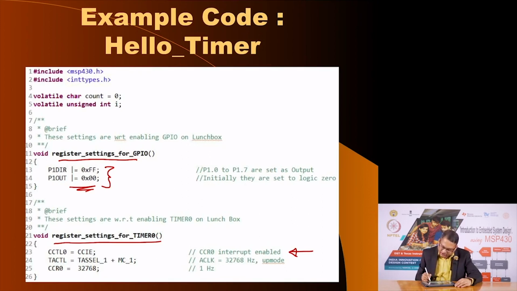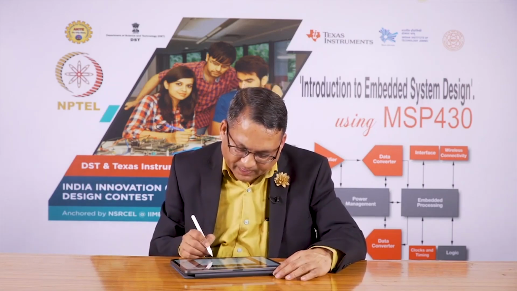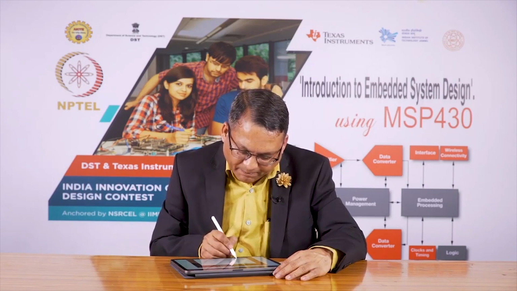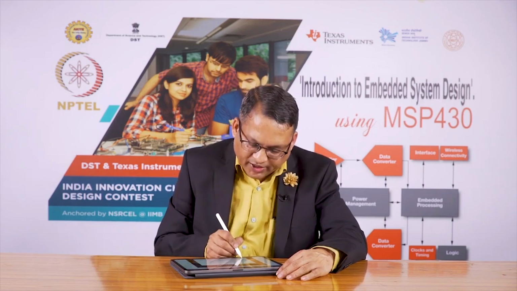The clock for the timer is ACLK, and ACLK is sourced from the low frequency crystal. As you know, on our MSP430 LaunchPad there is a 32.768 kilohertz crystal. The frequency of that crystal will be used to drive this timer, and we want to compare when that count reaches 32768 by loading the capture compare register with 32768.